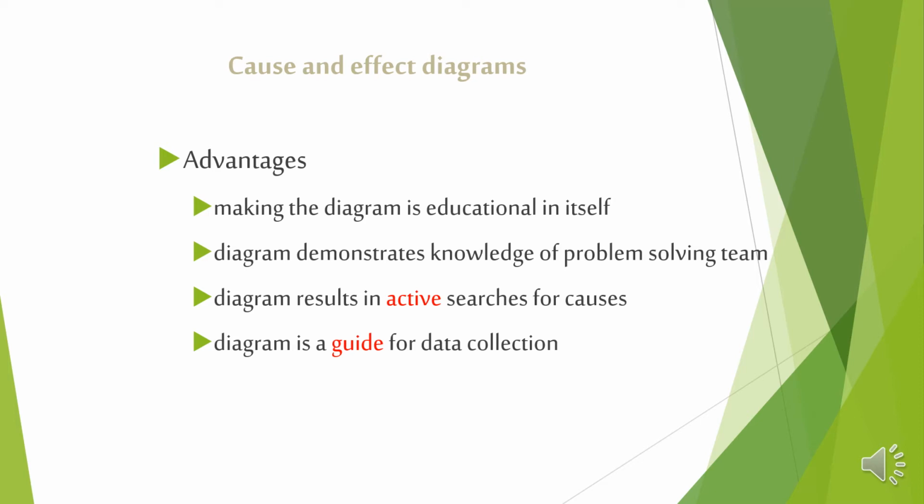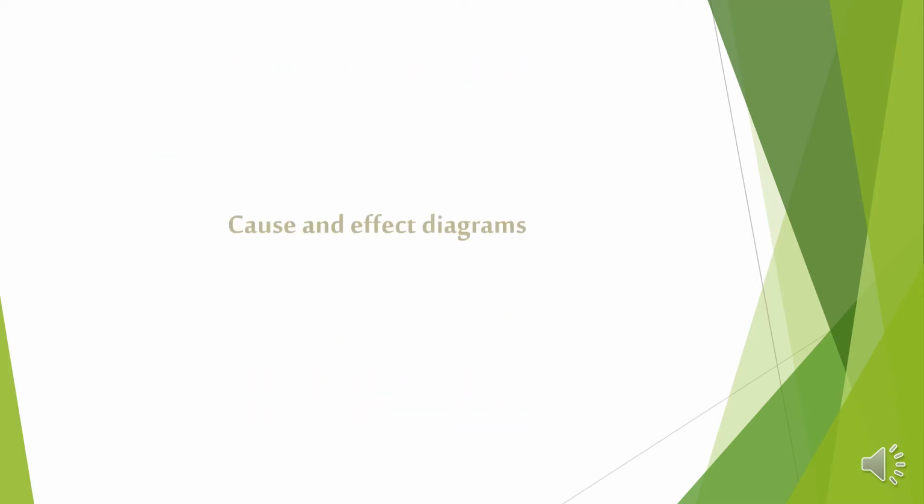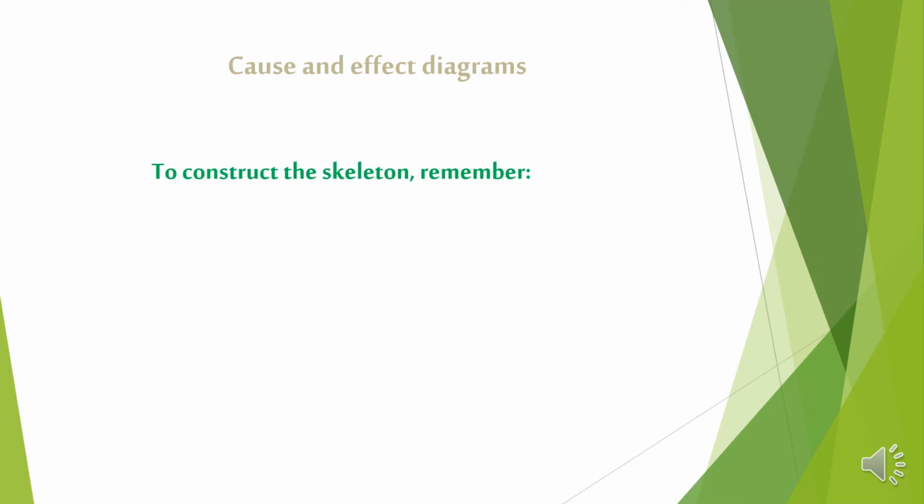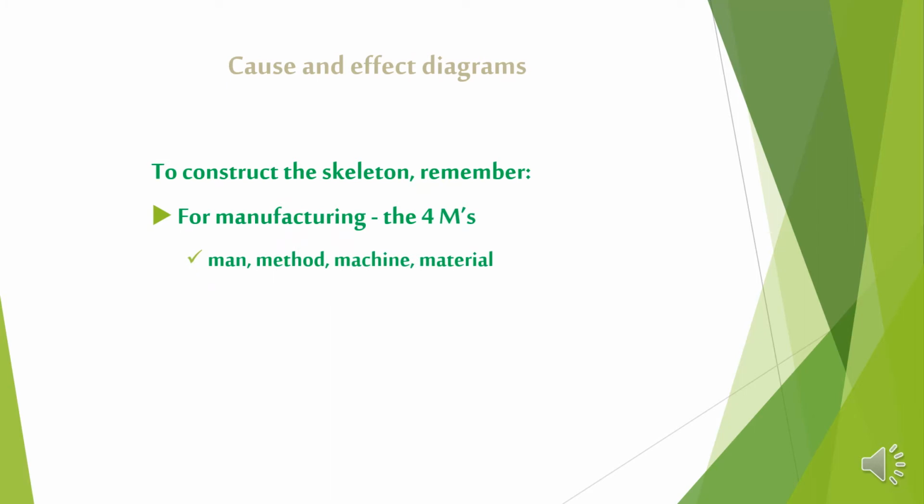The diagram is a guide for data collection. We can collect more and more data as we are establishing the fishbone. We can generate more ideas or more data and put them in the diagram. How to construct the fishbone? As we said, we will formulate them according to 5M or 4M, or some people will call them 5 Ps, like man, method, machine, material, or people, policies, and so on.